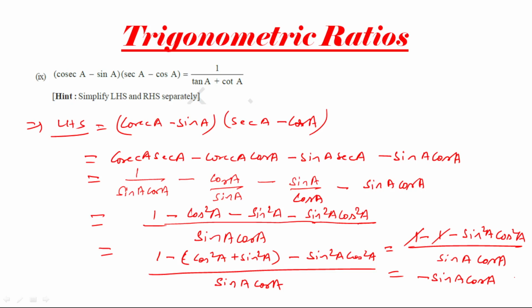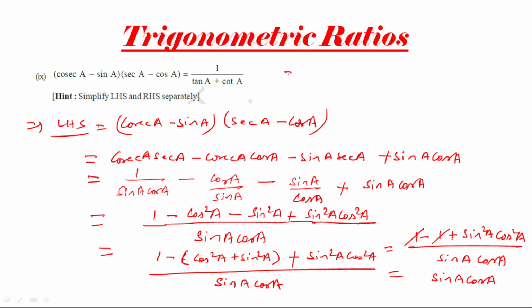Now we have to see that we are getting it from RHS also. Minus sin A minus cos A, sorry, it will become plus here. I am sorry, it will become plus here. So this is plus, this is also plus, and this is also plus. This is not minus, this is plus, sin A cos A.